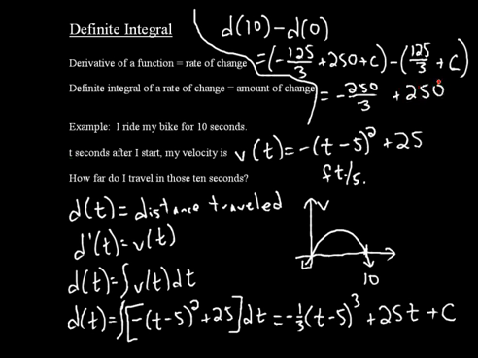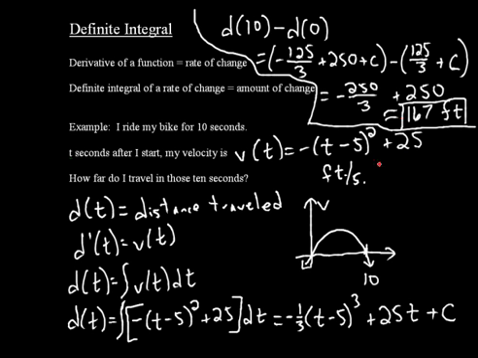Now to figure out if that's reasonable, I'm going to plug it into my calculator, and I get 250 minus 250 divided by 3. It's about 167. And what kind of units would this have on it? Well, what we did was compute how far I traveled. So that's going to be 167 feet.